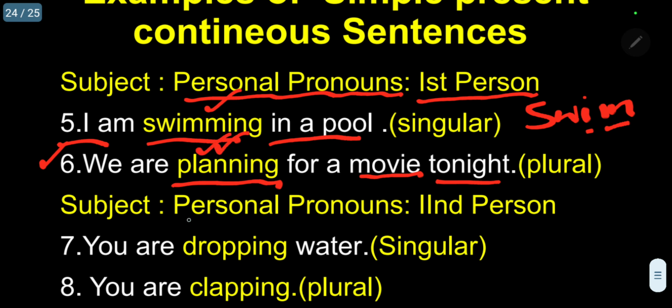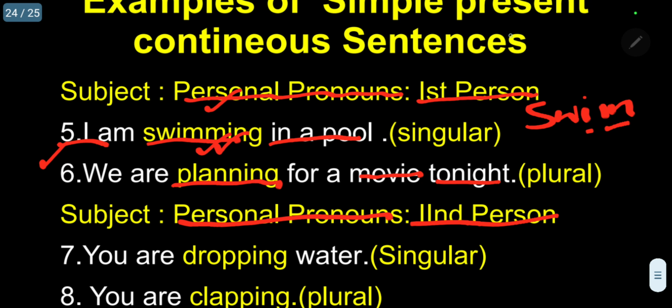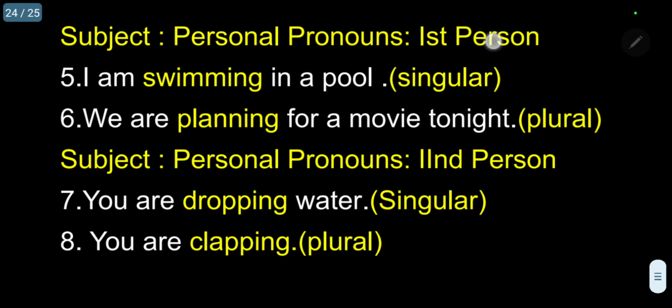Next one. Subject, personal pronoun, second person. Second person, as you said now, there are two ways. One you is singular, another you is plural. In English, you cannot differentiate, but in Tamil, you can differentiate by nee, singular, and neengal, plural.